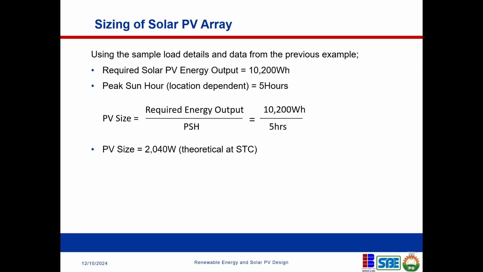Now for the PV size, you have to divide the required energy output by the peak sun hours, which is 5. When you do that division, you have 2040 watts. This 2040 watts is the size of the PV system that we need to produce this energy in one day. But this 2040 watts is based on standard test conditions.